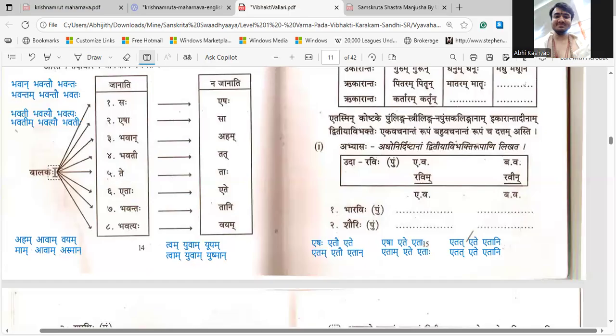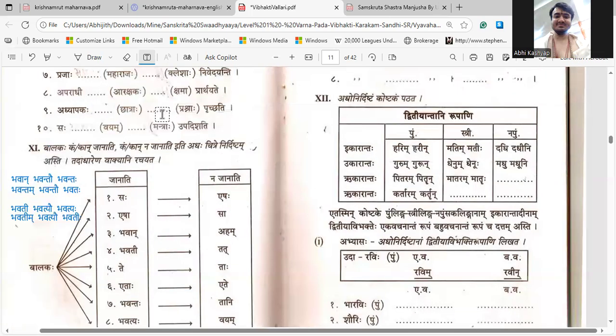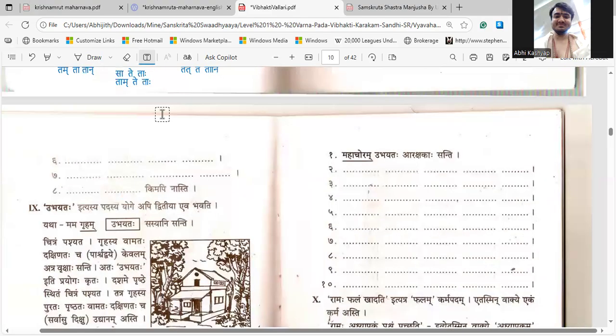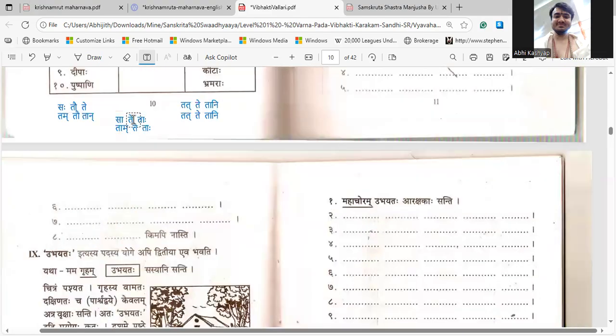Balakaha is pullinga. Now I have to get some clue. So balakaha kim janati, te, I have to get. It can be any of the three. So for the sake of changing, I can say te na janati if it is in dual form, if he doesn't know two things.